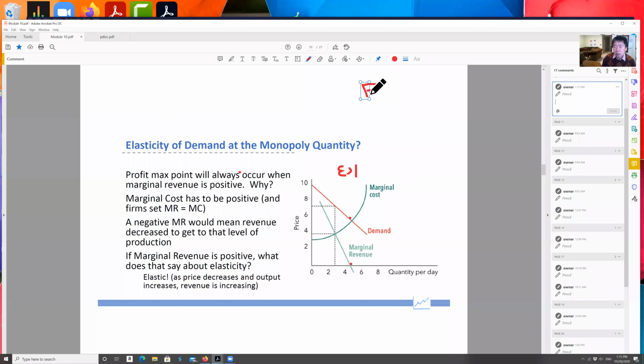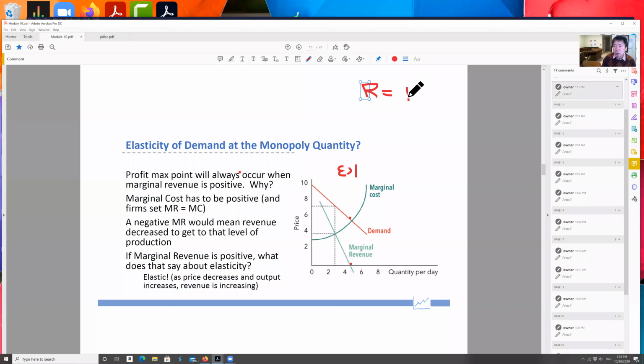Revenue is P times Q, and average revenue is revenue per unit of output, revenue per unit. So you divide this by Q, you're left with P only.